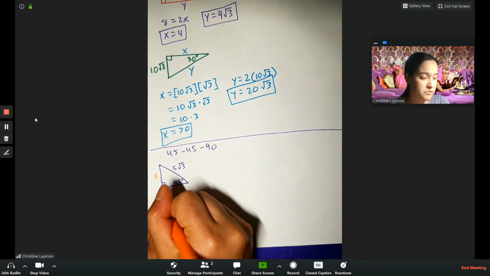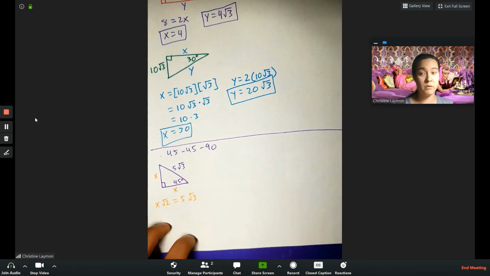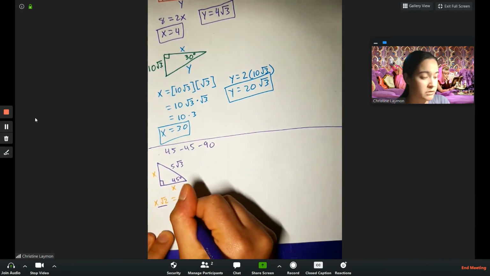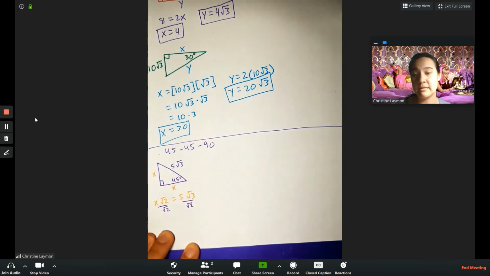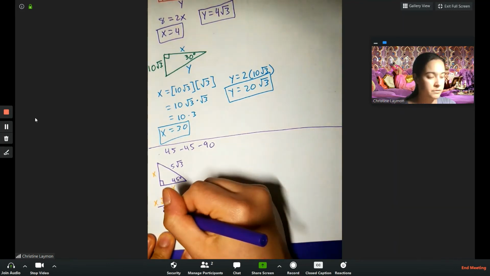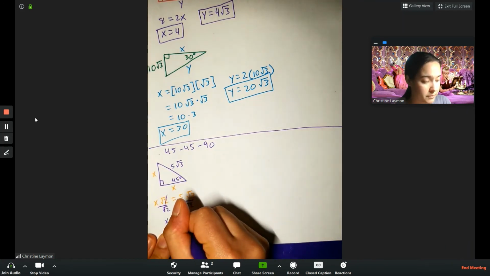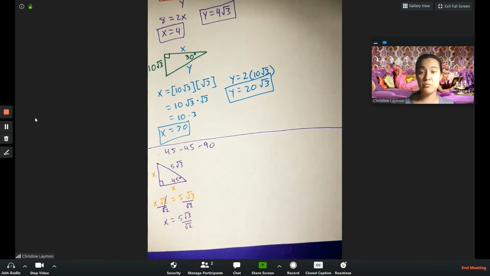I'm going to have to divide both sides by radical 2. My job right now is to get x by itself, and the only way to do that is to divide by that root 2. So these here are now gone. I have x equals 5 root 3 over root 2, but I do want to rationalize this.